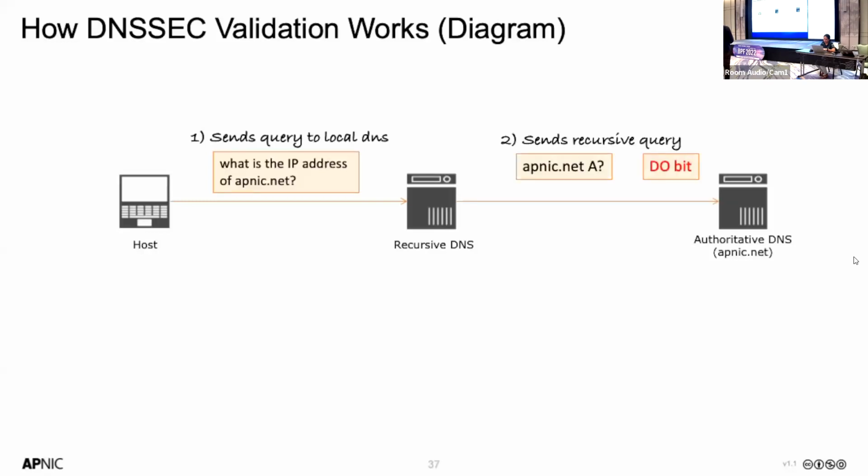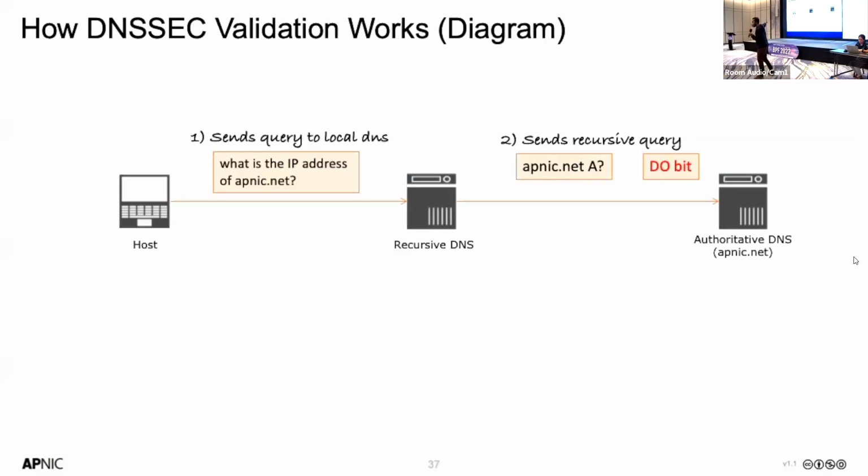So the recursive DNS resolver is doing the query to the authoritative name server. And of course, it goes through the root. If it is a new query, it goes through the root and the TLD and so on until it reaches the authoritative DNS. In our case, let's say apnic.net, its authoritative DNS is on the right side here.